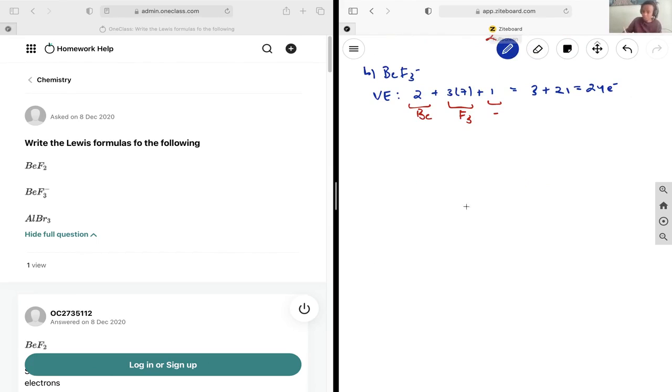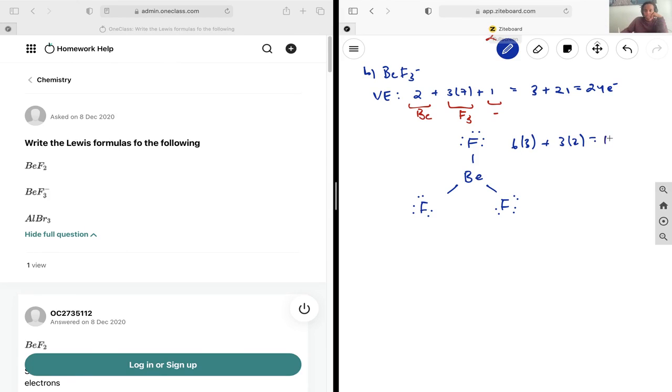So we start with just the skeleton of this, and 1 bond on each. Let's fill in our valence electrons on each of the fluorines, so fill their octets. Okay, and then let's see if we hit the 24. So we have 6 on 3 of the fluorines, plus 2, 4, 6, so 3 by 2.